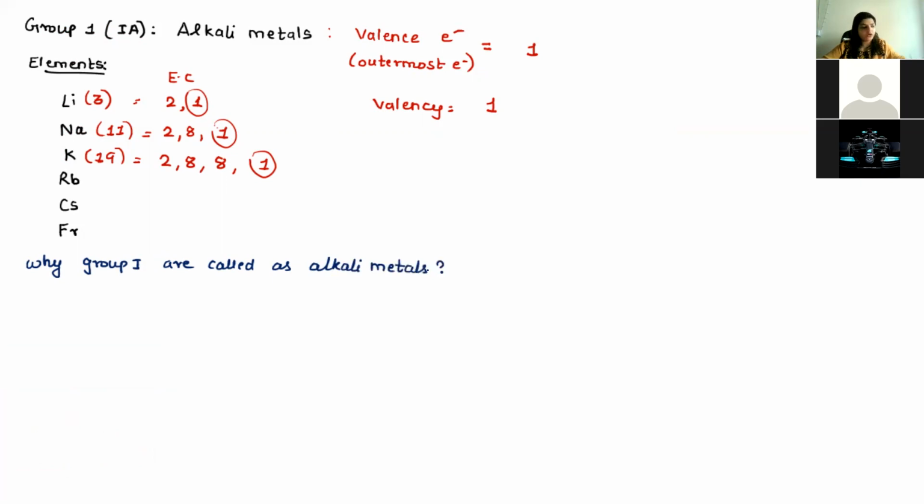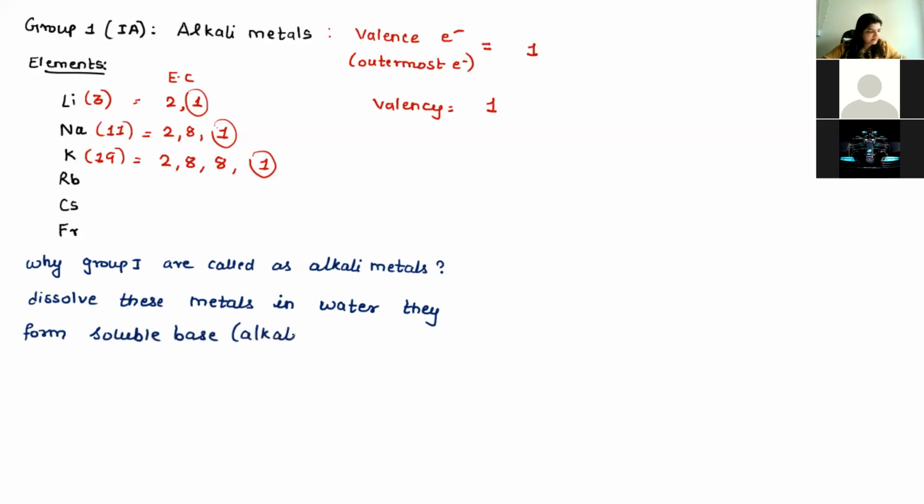The reason is that when you dissolve these metals in water, they form a soluble base, which is alkali. Soluble bases are actually called alkali.